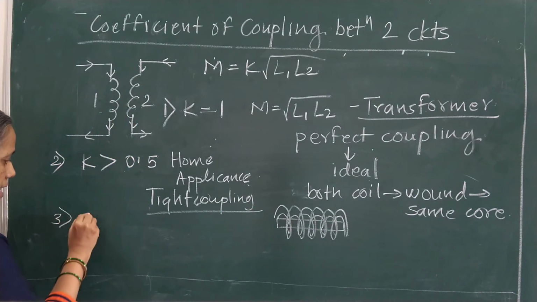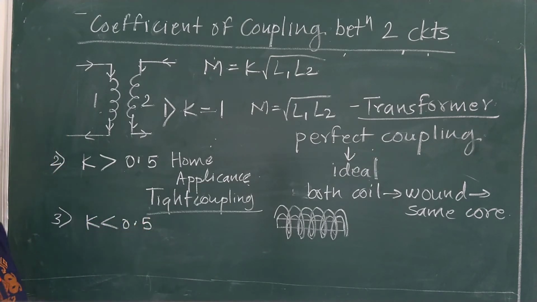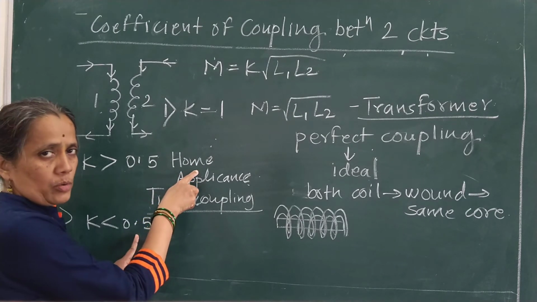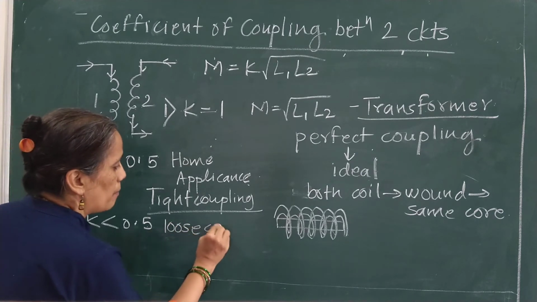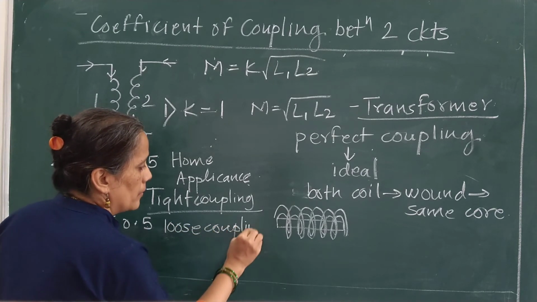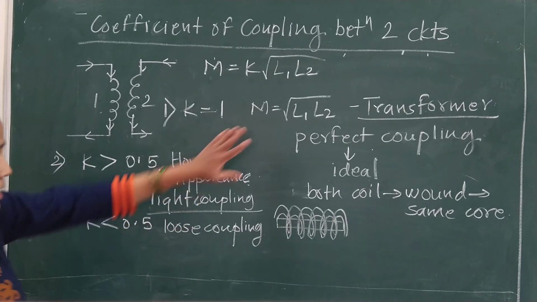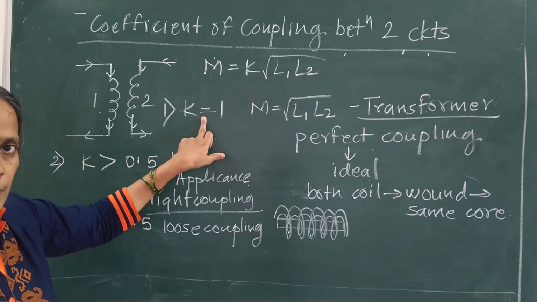And the third case is where K value is less than 0.5. Again, this type of coupling is used in home appliances only, and that type of coupling is called a loose coupling. Clear? So now, in the ideal transformer K is equal to 1.